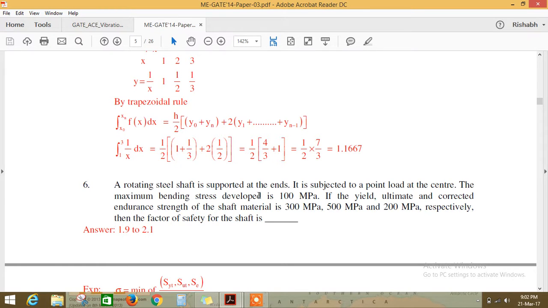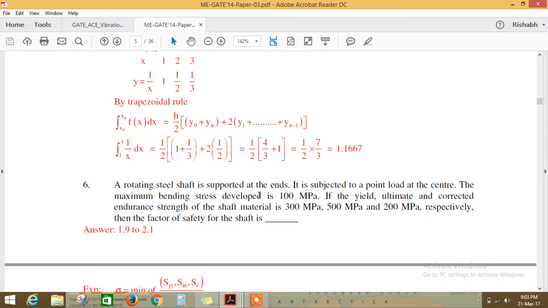As we know, there are three equations: Soderberg, Goodman and Gerber. There are three lines, on a graph between stress amplitude and mean stress. You must have studied this in design for fluctuating load. If you have any confusion, just refer to the chapter design for fluctuating load in the VV Bhandari book.